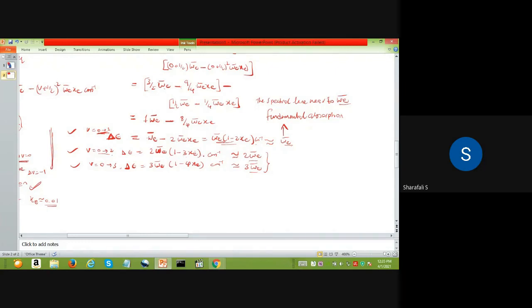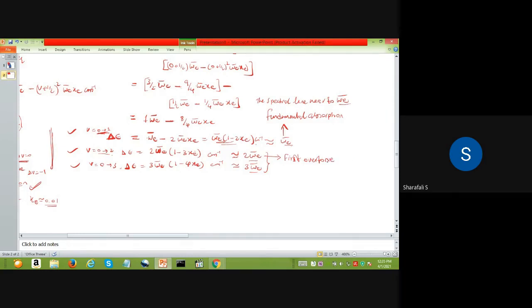So anyway, it is that spectral line which is close to 2 omega E bar or 3 omega E bar. These are called overtones. Okay, and this 2 omega E bar is called the first overtone. First overtone frequency. In this case, it is the lines we are considering.